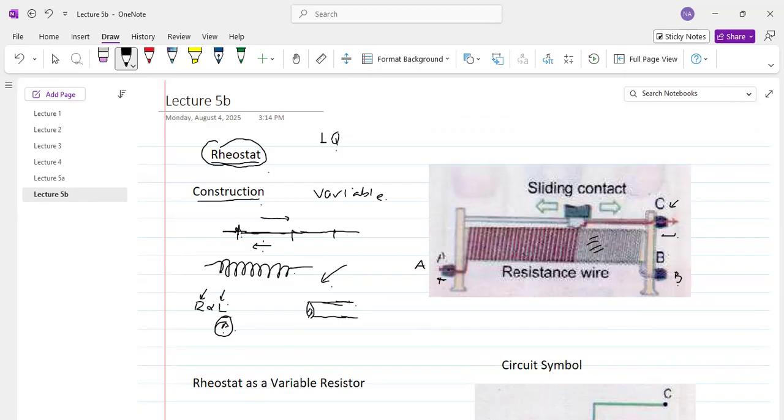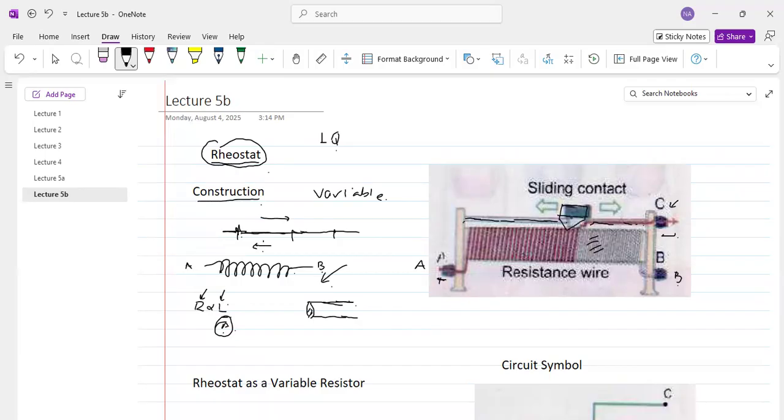So what does this mean? This means that the whole wire is connected between two terminals. These terminals are A terminal and B terminal. And there is a rod, and on that rod there is a sliding contact. What is meant by sliding contact?